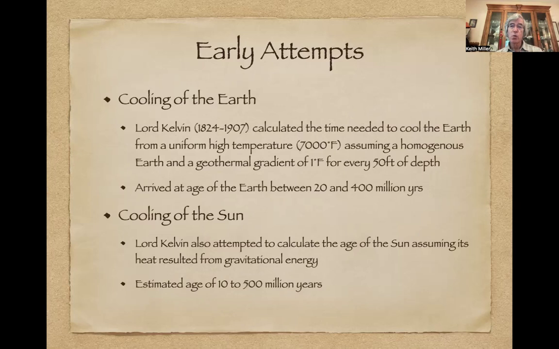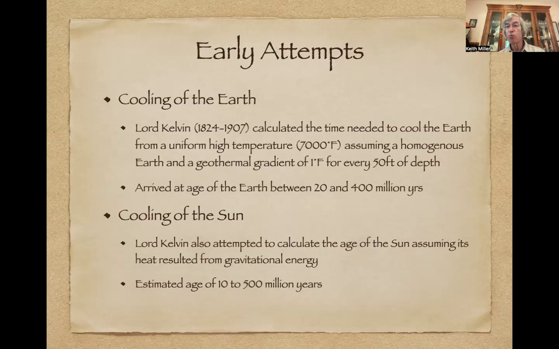And so we know what the temperature of the Earth is now, and there's what's called a geothermal gradient, how quickly the temperature rises as you go deeper in the Earth. And he used that to calculate how quickly heat was escaping from the Earth. So again, he has a rate, that's the rate of cooling, and what the current temperature of the Earth is. Okay, how long would it take the Earth to cool down to that?